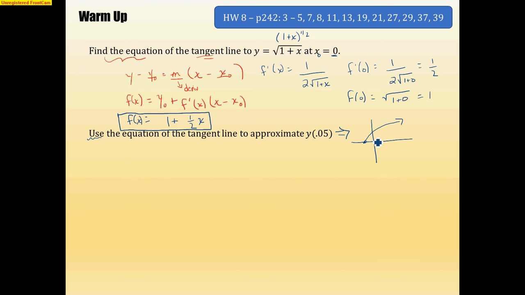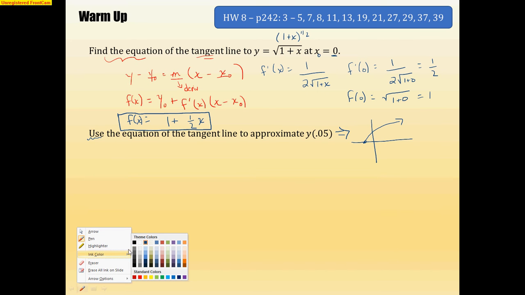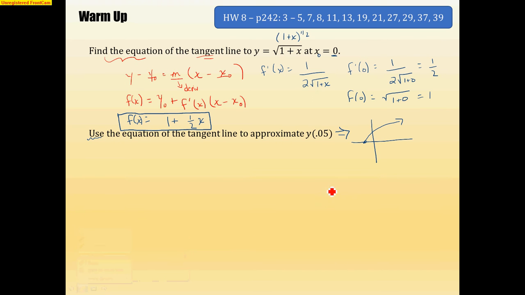At 0, where x is equal to 0, y is 1, and the slope of the tangent line there, and the slope of the curve, is 1/2.